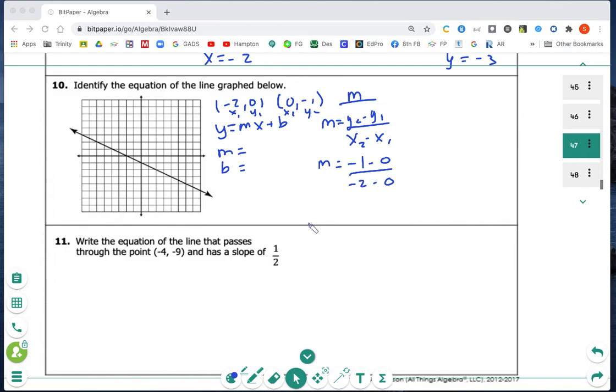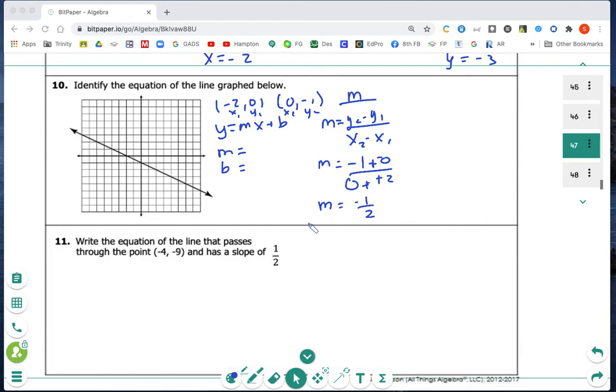Okay, so we're going to do negative 1 minus 0, and then this should be 0 minus negative 2. All right. So we're going to do keep, change, change, and keep, change, change. So I'm going to have m is equal to negative 1 over 2.